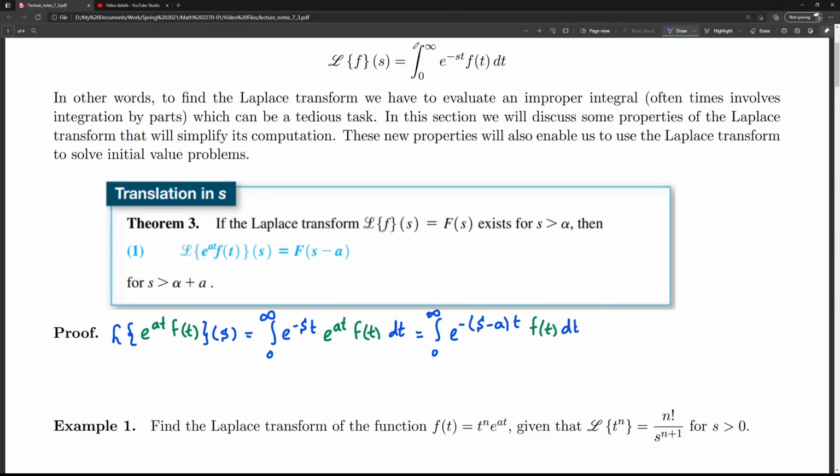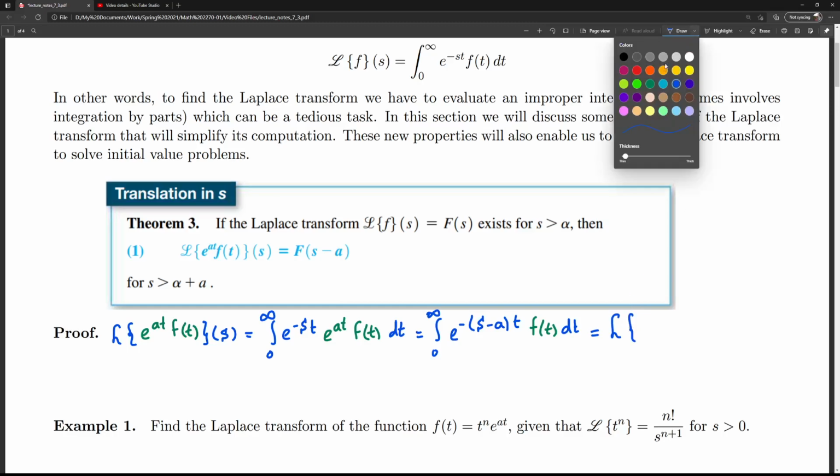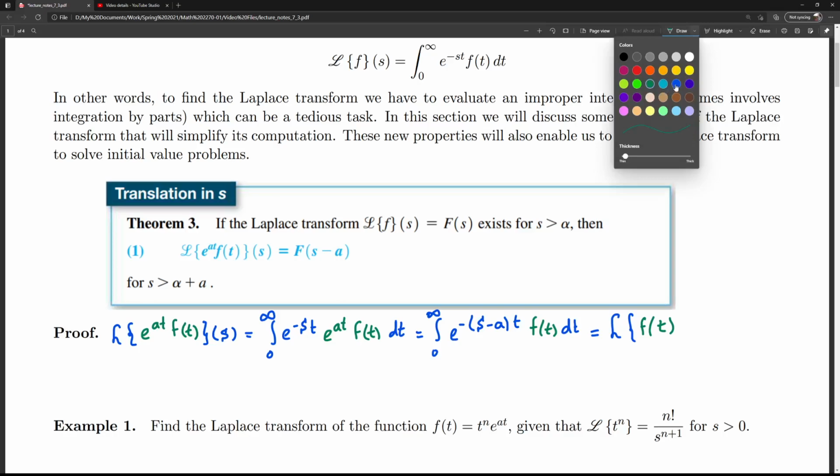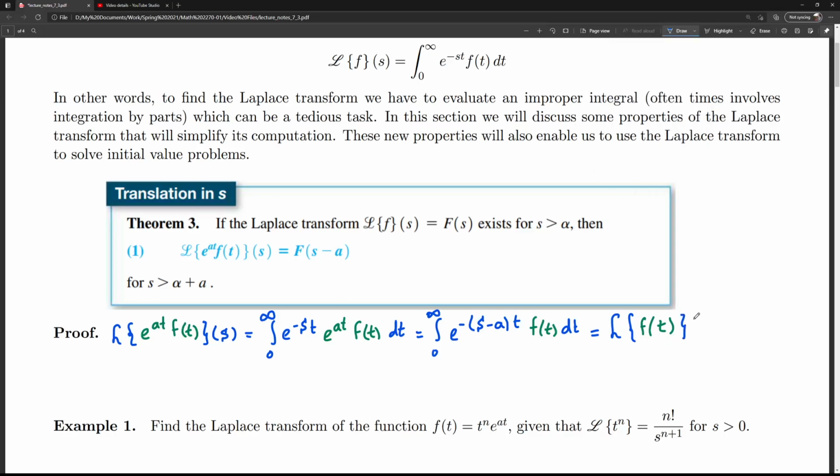So what we see here is almost the definition of the Laplace transform of f, but it's not at s. The s here is replaced by s minus a. So this is actually the Laplace transform of f of t, but evaluated at s minus a.